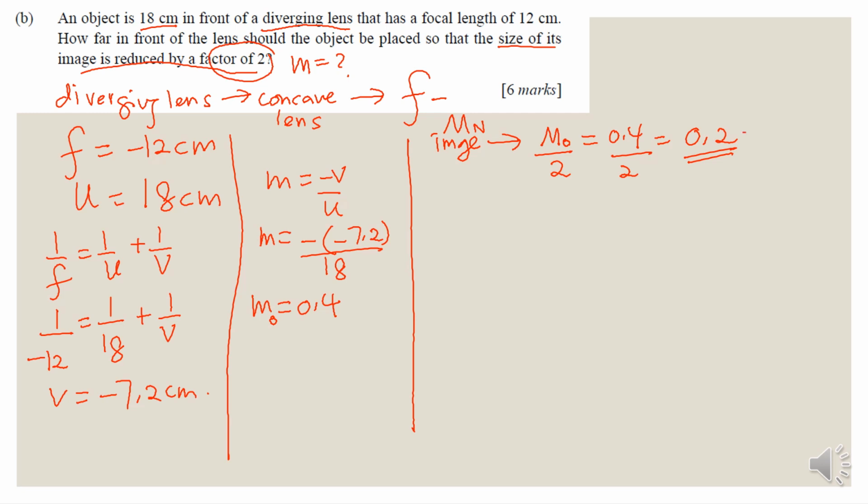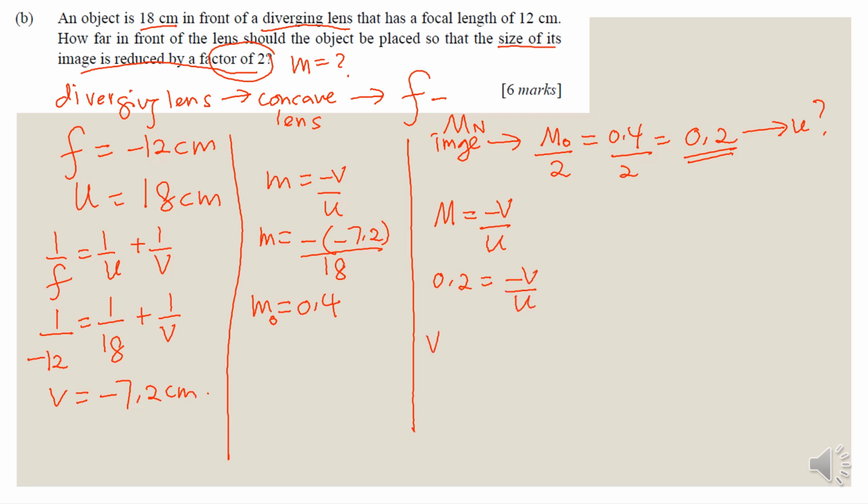Okay, bila kat sini berapa U kita? Okay, itu soalan dia. So, kita ambil balik magnification negative V over U. M is 0.2. V tak tahu, U pun tak tahu.